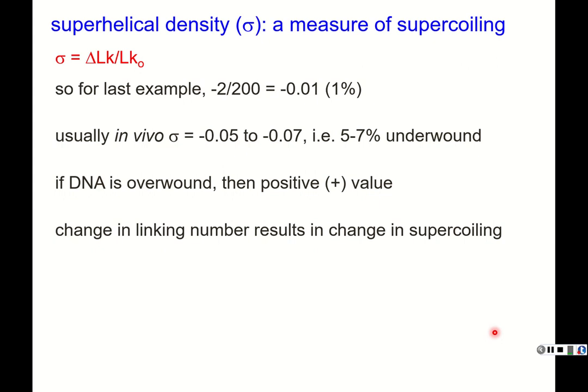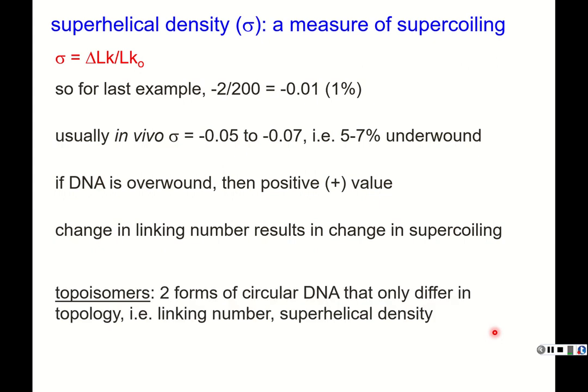Changing the linking number results in a change in supercoiling, right? Not surprising. And we refer to two forms of DNA that have the same sequence, but only differ in terms of linking number as topoisomers.